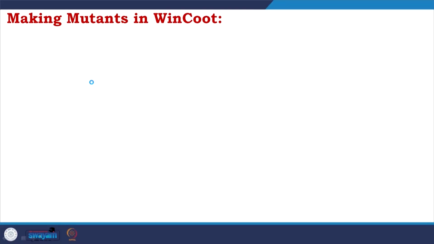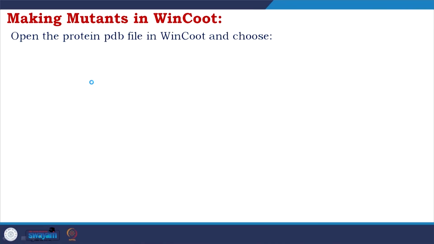So, now making mutants. For mutants, you could make mutants in PyMOL, but as I told, for modification we trust more the other type of software. So, we do it in WinCoot. What to do in WinCoot?